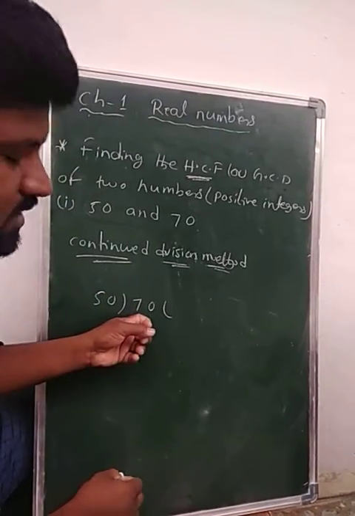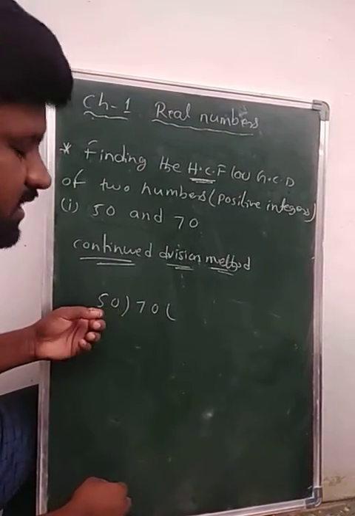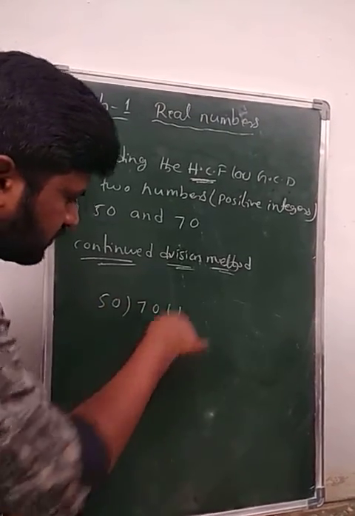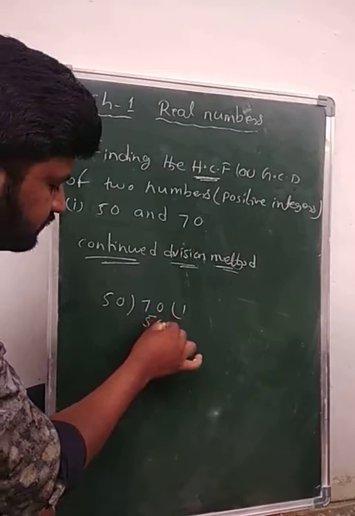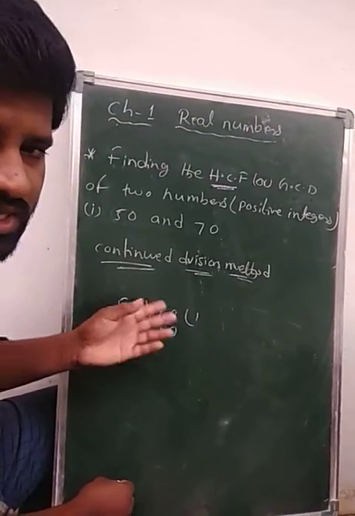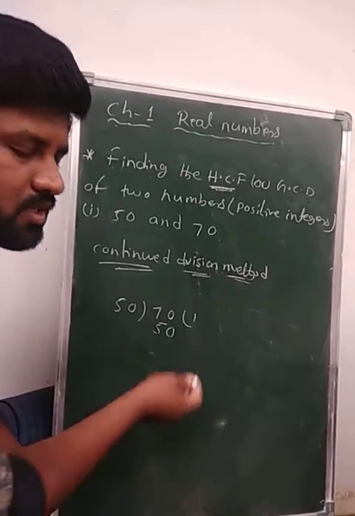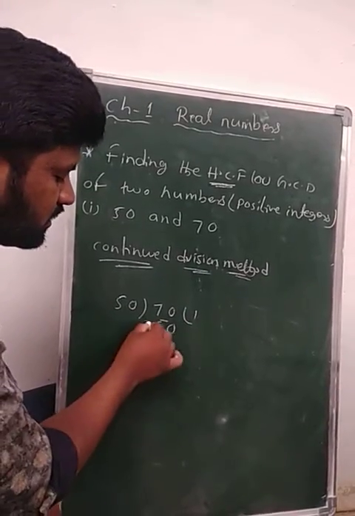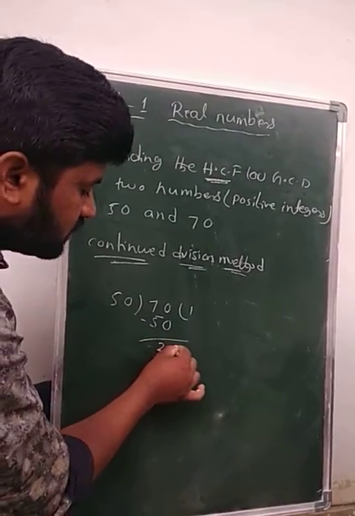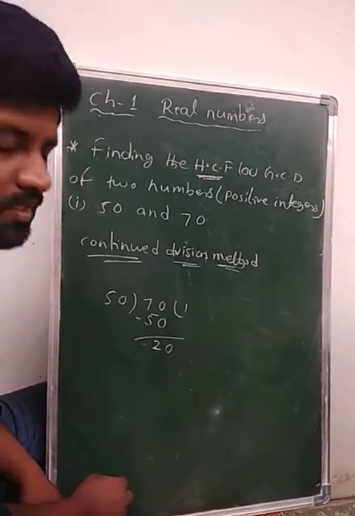Now 70 is a dividend, 50 is a divisor. Then 50 ones are 50. 50 twos are 100, which means 70 is crossed out. That's why 50 ones are 50. Now 70 minus 50 is 20.